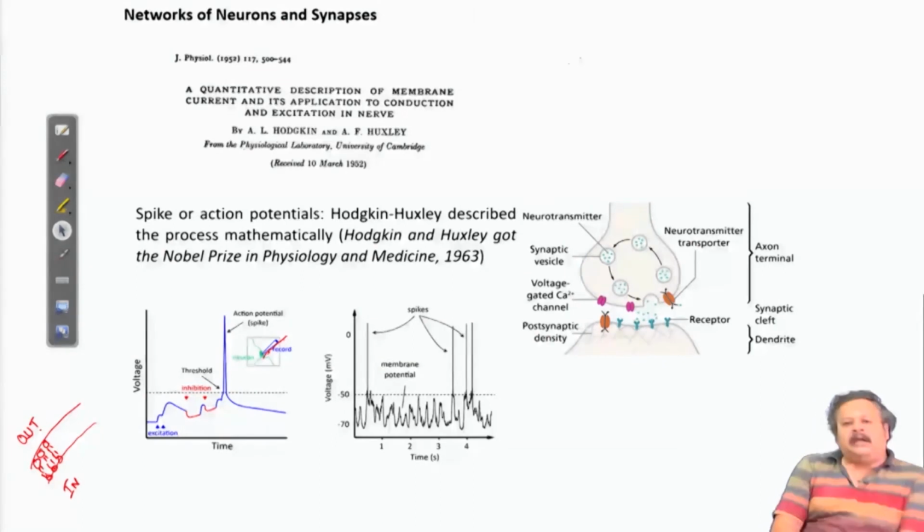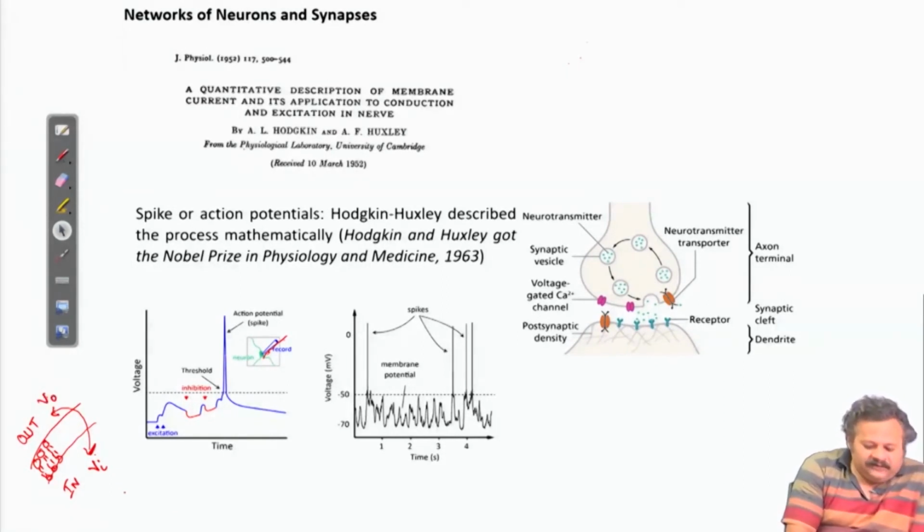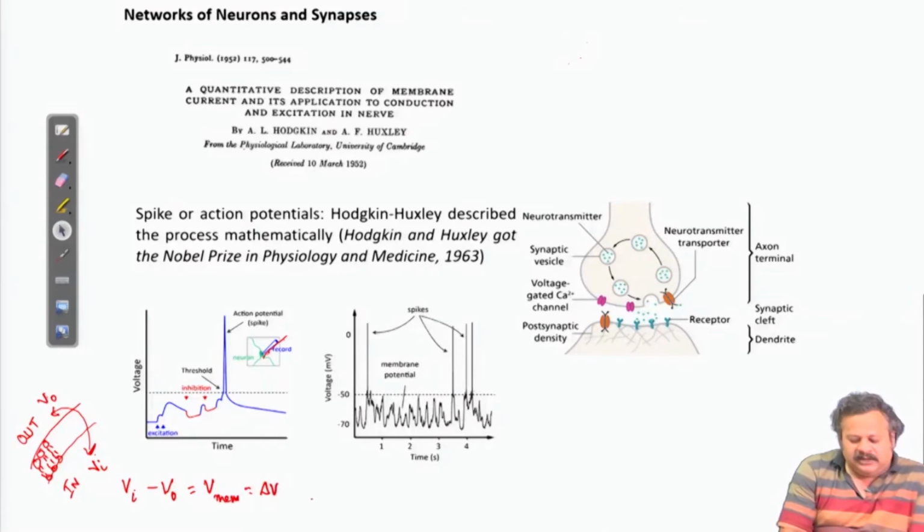There are different ions at different concentrations on the two sides of the membrane, and that creates a difference in the potential on the two sides. So, if the potential inside is V_in or V_I, and the potential outside is V_O, then this difference, V_I minus V_O, which we will refer to as V_membrane or the membrane potential, or delta V sometimes, or even sometimes just V.